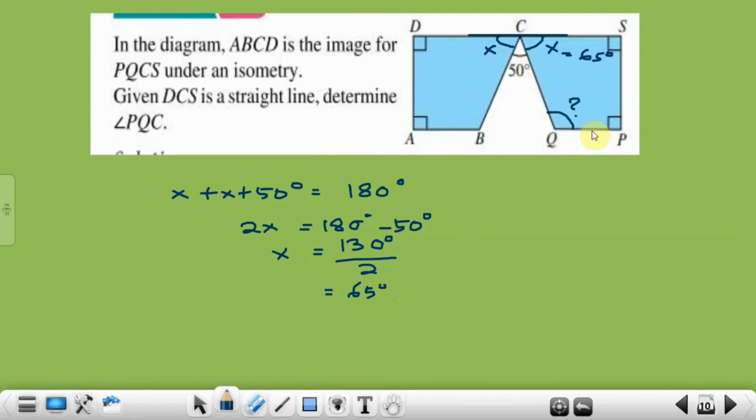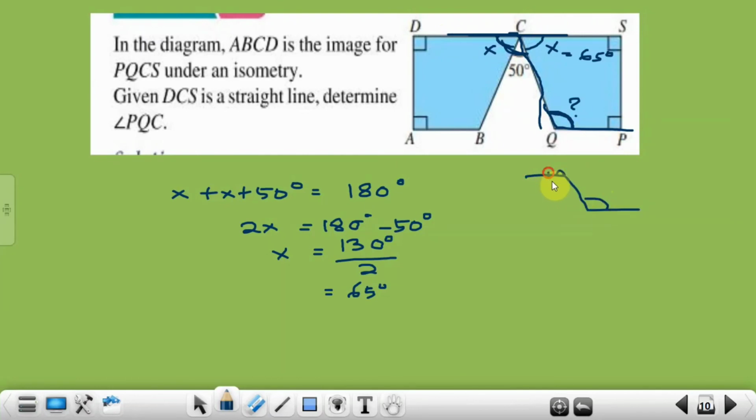So how do we find PQC? Can you see this is an alternate angle. This PQS will be equal to this angle because they are alternate angles. Remember, form 1, alternate angles.